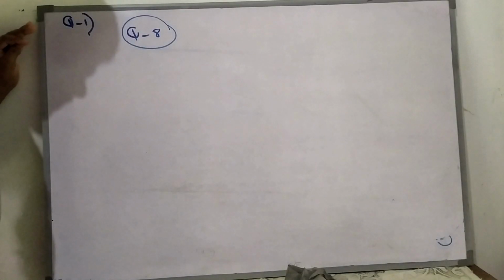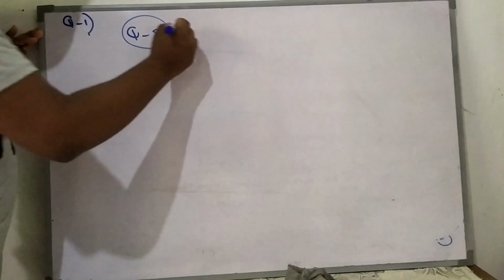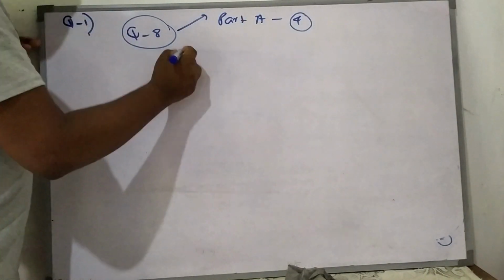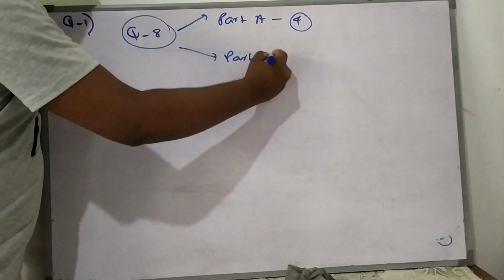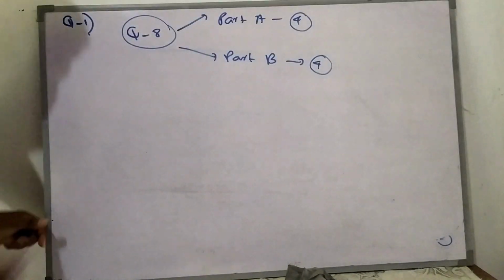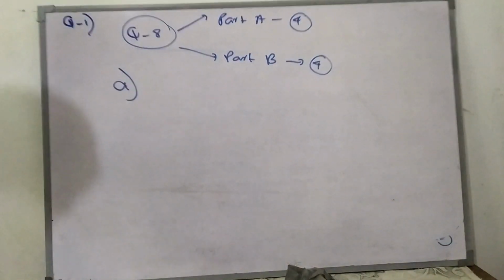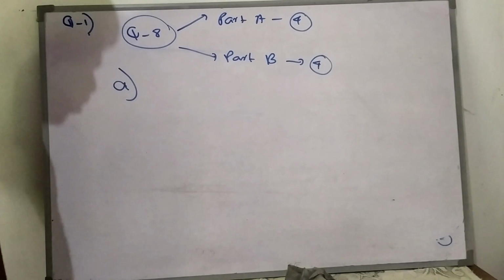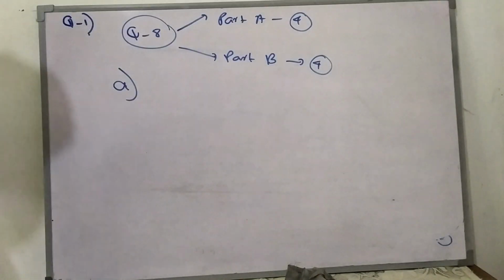8 questions, with 4 questions in part A and another 4 in part B. In part 1, in how many ways can a student answer 5 questions?